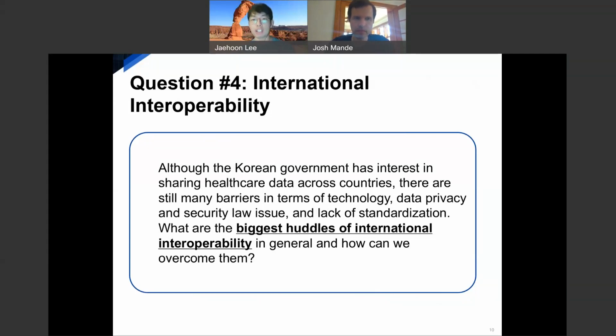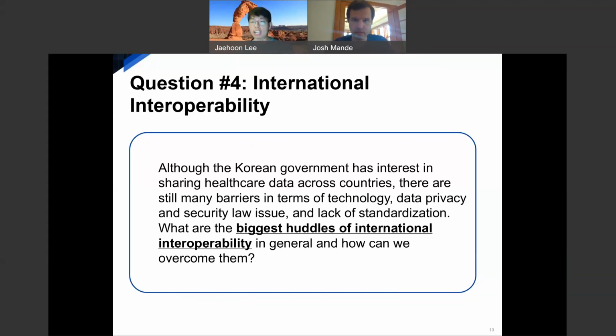I didn't put it here, but language is probably first, and the culture, then technology, and when the time comes to share and exchange the data, then even things like data privacy rules: this should be shared and cannot be shared, and this is consented or not, and this rule applies to this country this way and the other way against this country, and lack of standardization, of course.